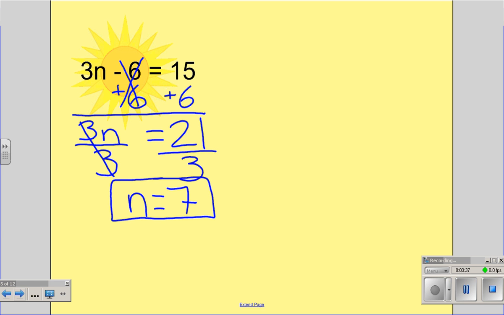But to make sure that we did it correctly, we want to check it. So we're going to take the original problem of 3n minus 6 equals 15. We're going to take x, or n in this case, which was 7, and plug it into where n is.